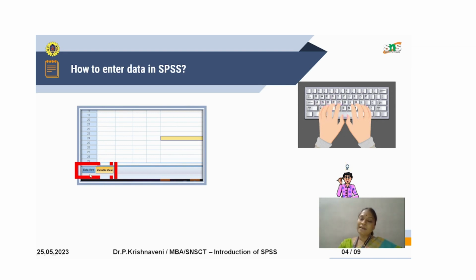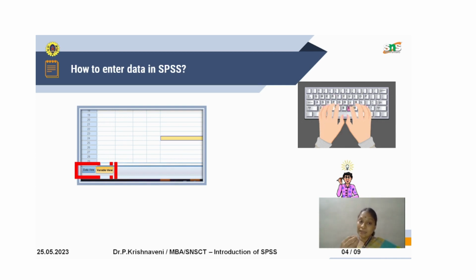Normally, we will enter all the data, for example, the register number of the student, name of the student, marks in subject one, two, three. All the headings and the information can be entered in the data view.